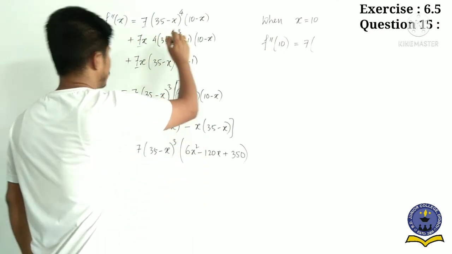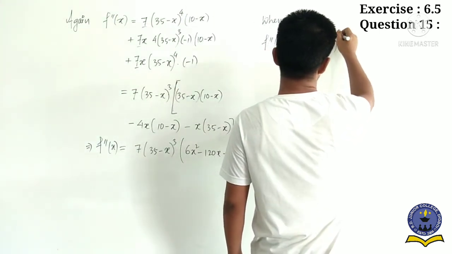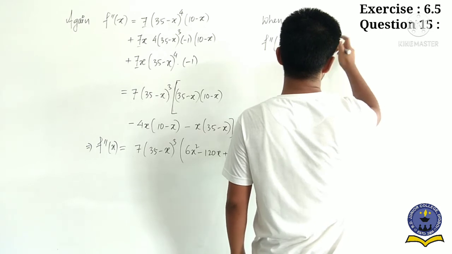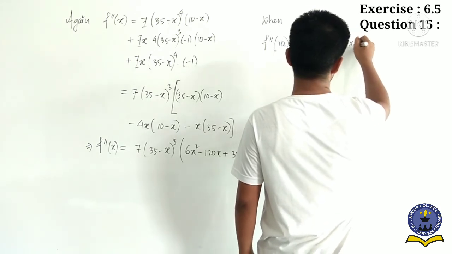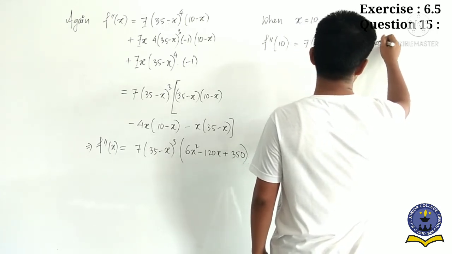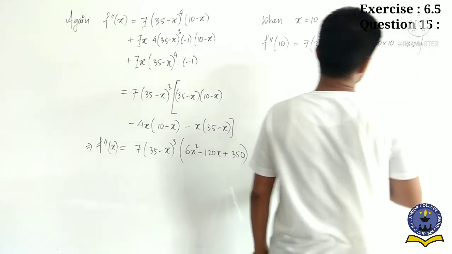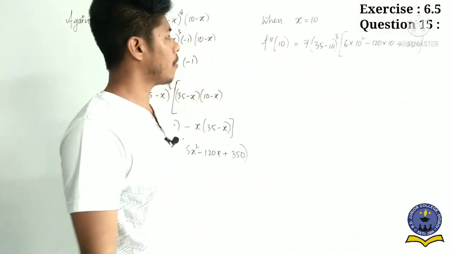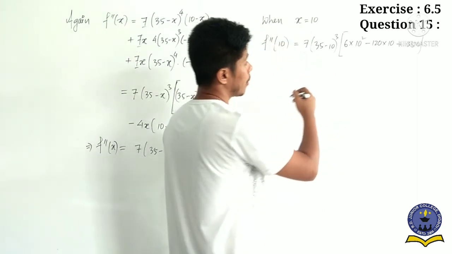So now what you have to do? 7 into (35 minus x), where x we put 10, so (35 minus 10) whole cube, and then 6 into 10 square minus 120 into 10 plus 350. Now no doubt the first part is positive, isn't it?